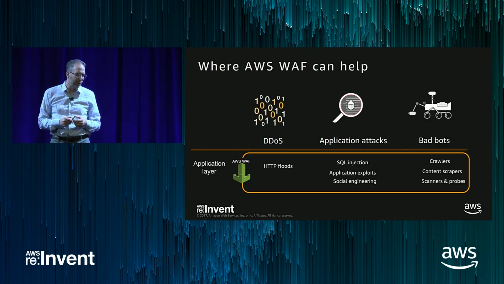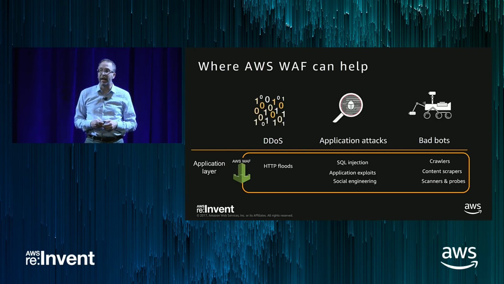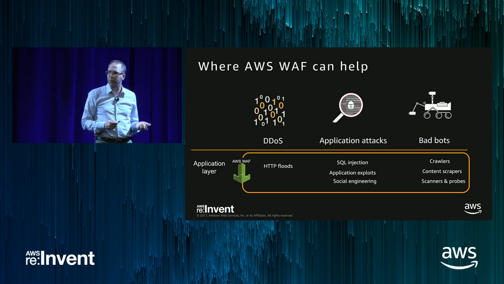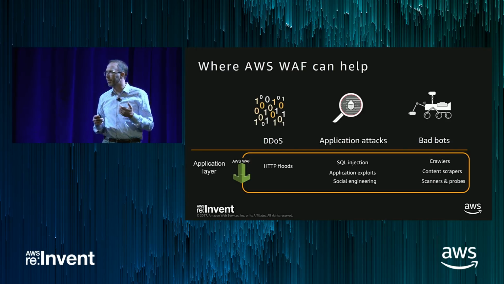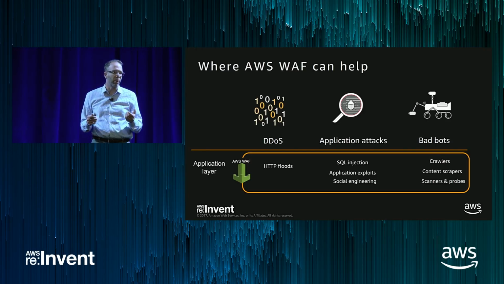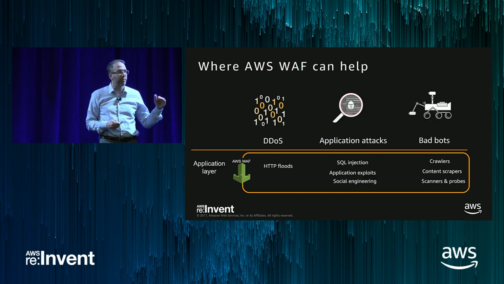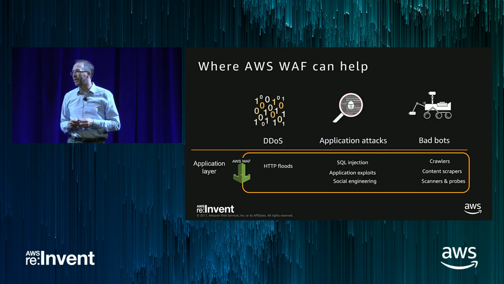Again, things like SQL injection, social engineering attacks, etc. And then also bad bots. So these are typically out to scrape content from your website. Maybe it's prices, maybe it's other types of content. They may also be scanners or probes that are looking for security weaknesses. So again, AWS WAF can be effective against all of these types of threats.